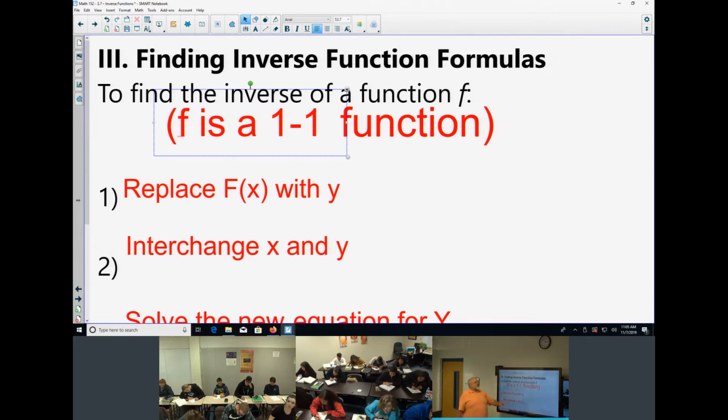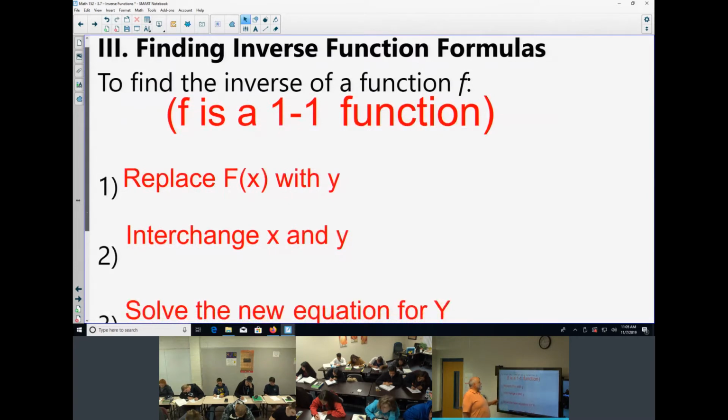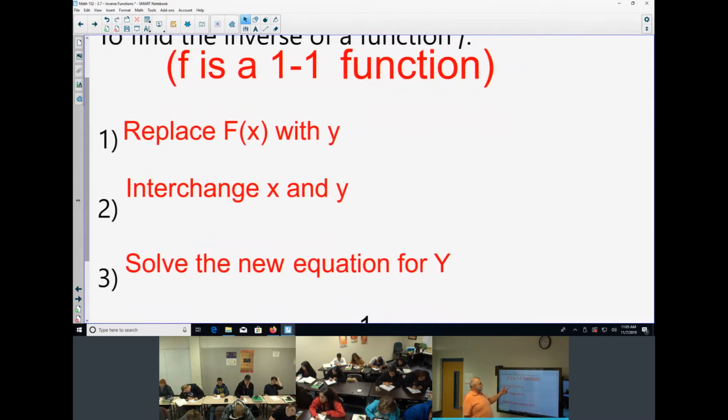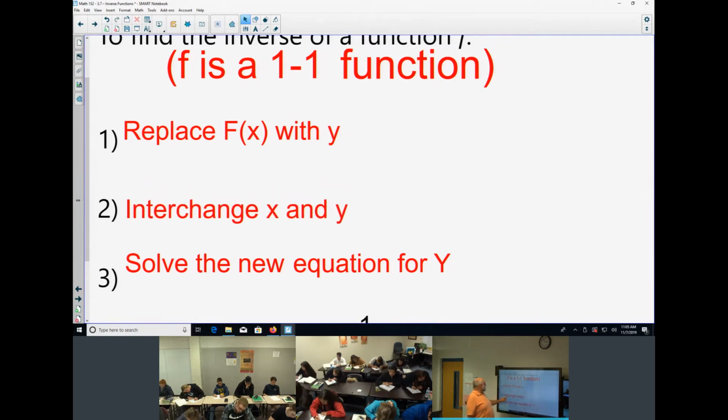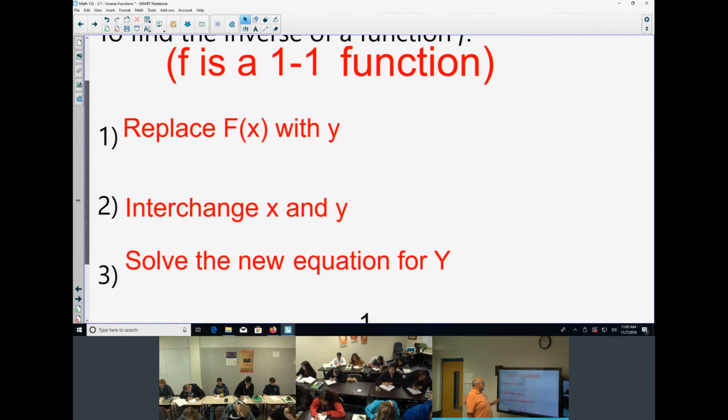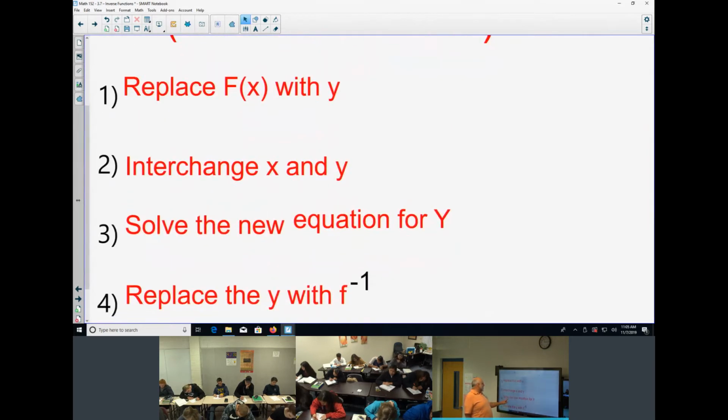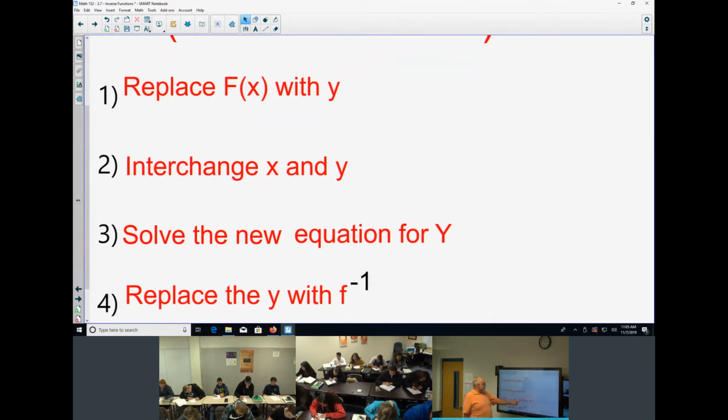If it has an inverse function, then this is the process. Step one, you replace the f of x with y. Step two, you interchange the x and the y. Step three, you solve the new equation for y. And then step four, you replace the y with f inverse.